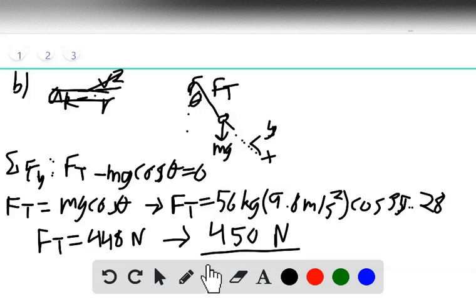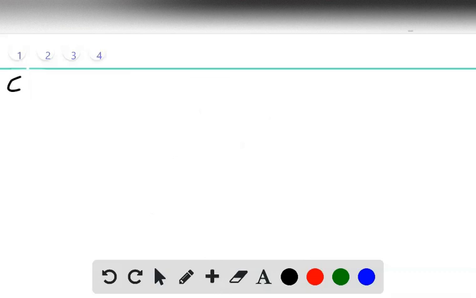So then part C asks us to find where the tension in the rope is greatest and what that tension is. So what's going to be the greatest tension in the rope during the swing? Again, we're just going to do Newton's second law. We're going to do sum of forces again, like we just did, but this time we're not going to plug in a specific angle because we're trying to figure out what angle and where that greatest force is going to be.